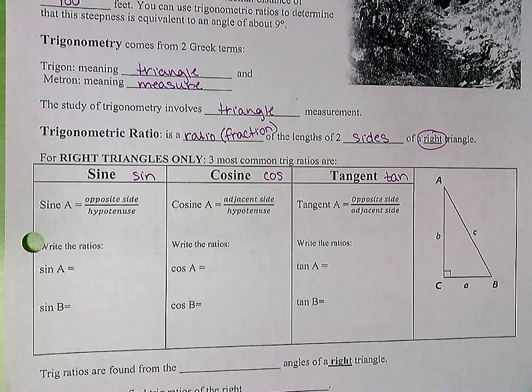So for sine, cosine, and tangent, you always want to go from an angle. That's why it says sine of A. You can see that capital letter is referring to an angle.